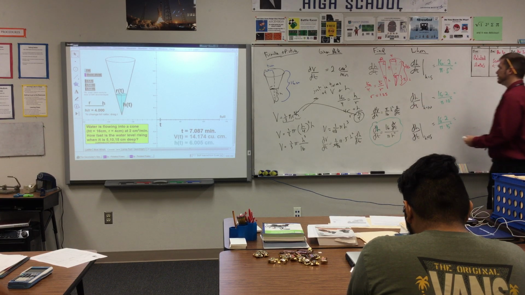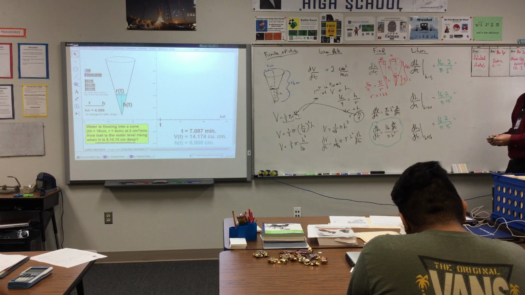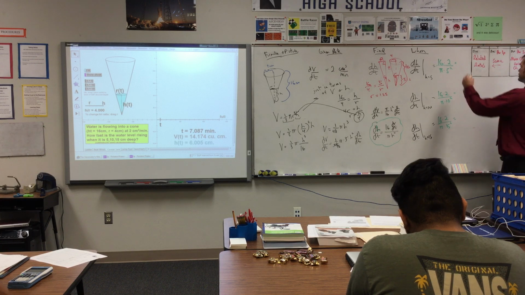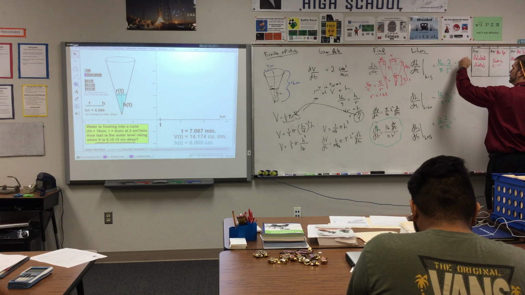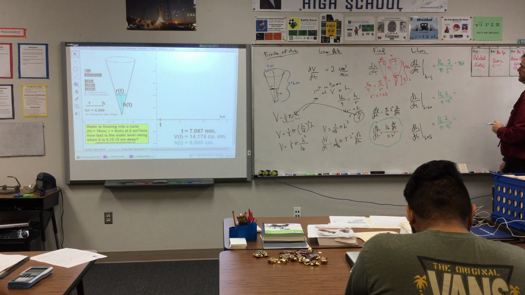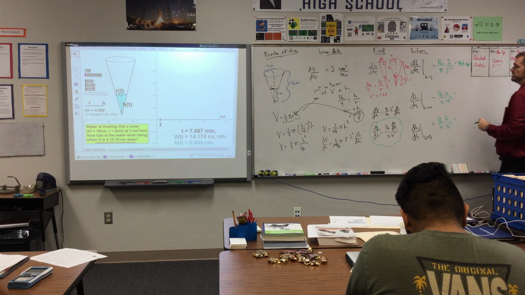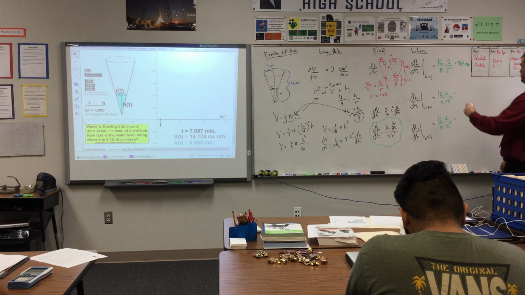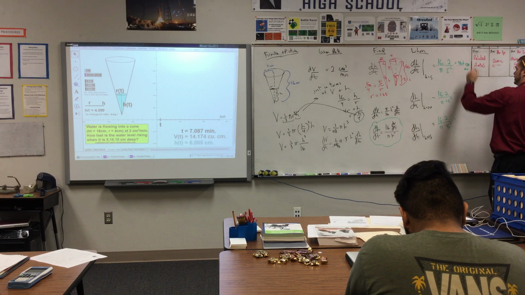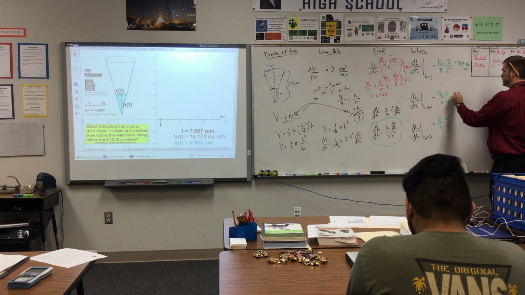All right, I need some numbers here, folks. 0.407. And what would the units on that be? Centimeters per second. Centimeters per minute. All right, keep going.